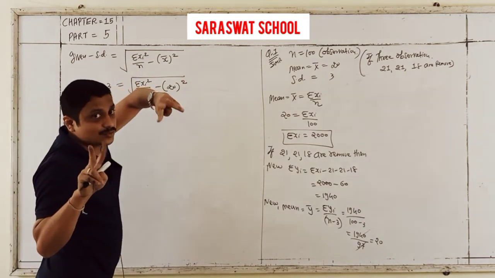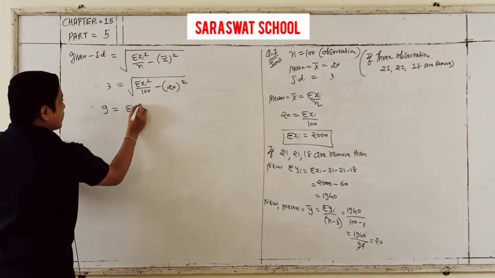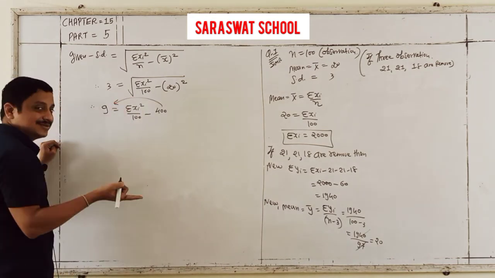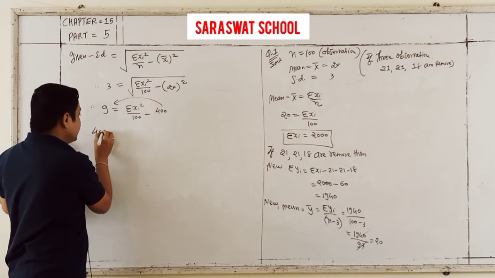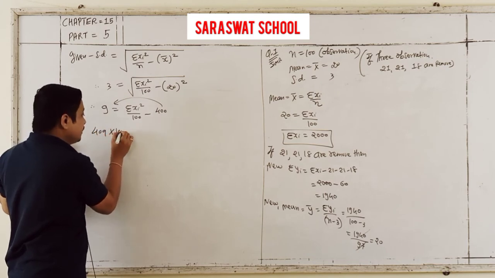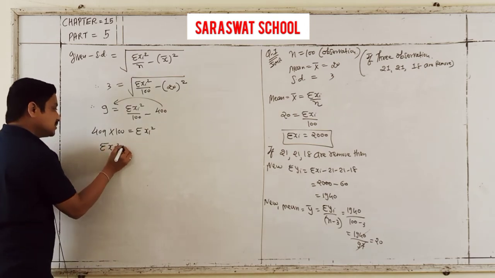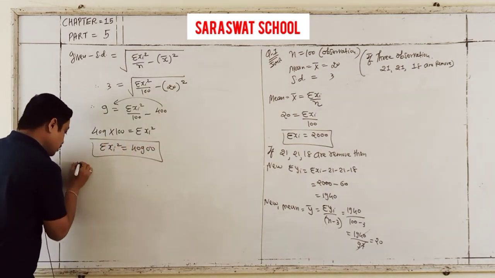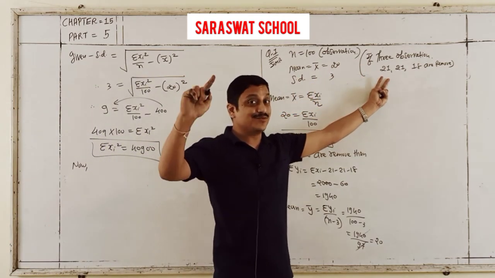Take both sides square, which gives 9 by 100, and here 400. Just flip that: 9 plus 400 is 409, into 100 gives sigma xi square. So sigma xi square, students, is 40900.